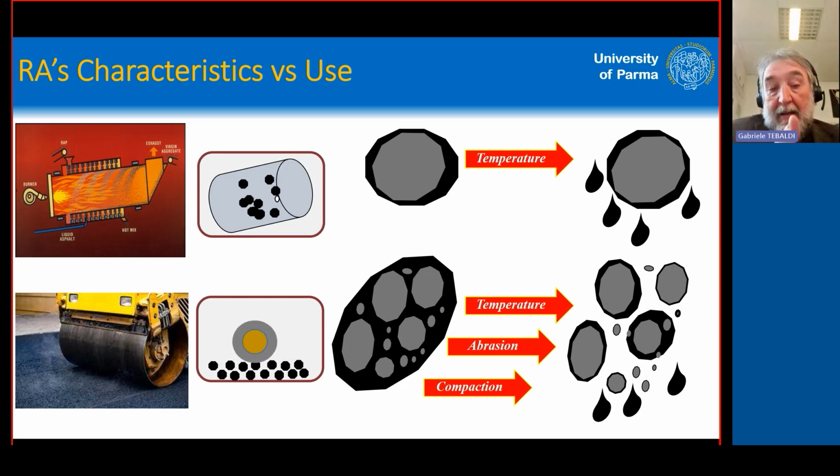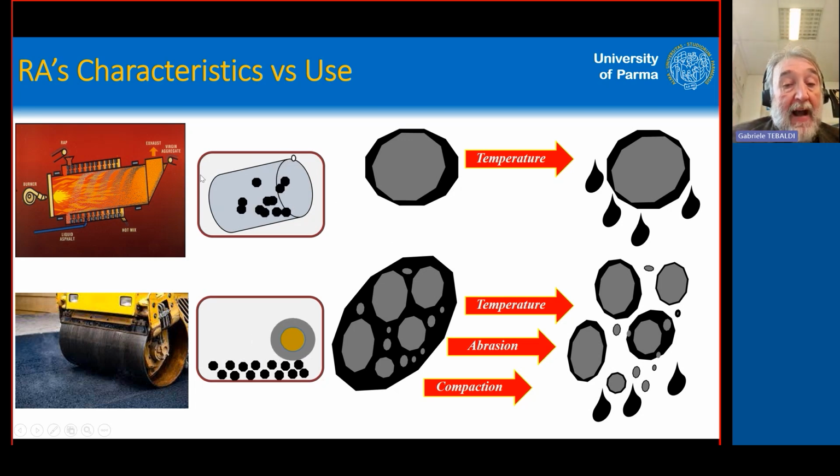We have a plant that makes the material. In this case, we have some kind of Los Angeles test, if we can discuss it. So we have abrasion, compression, and different actions on the aggregate. And after that, we have the action of the roller compactor that gives another shear and pressure.